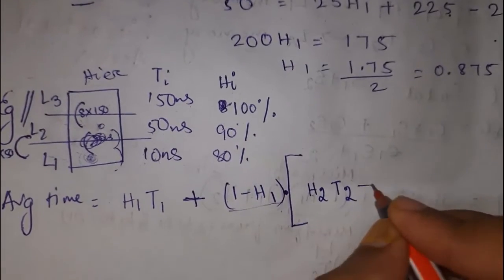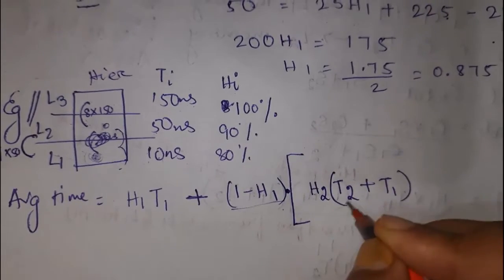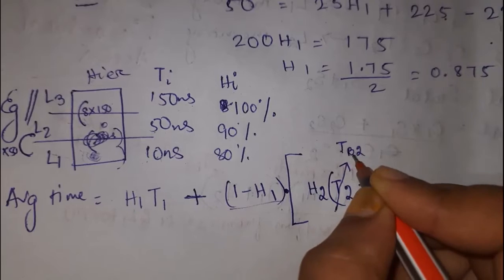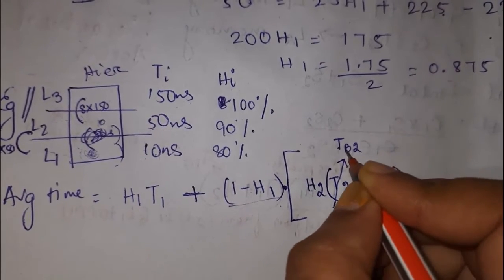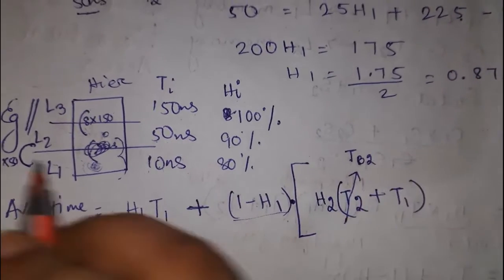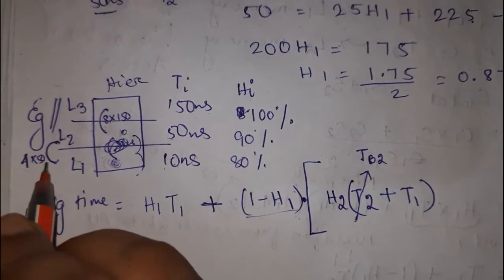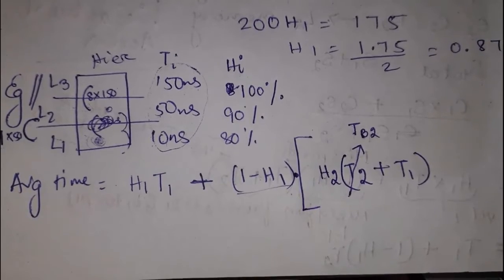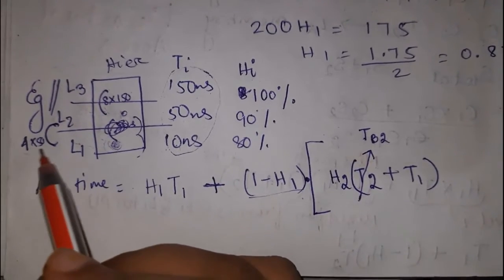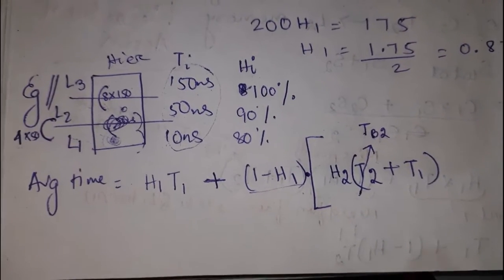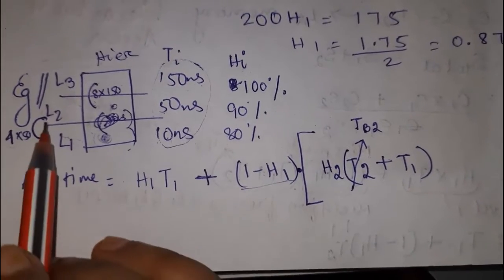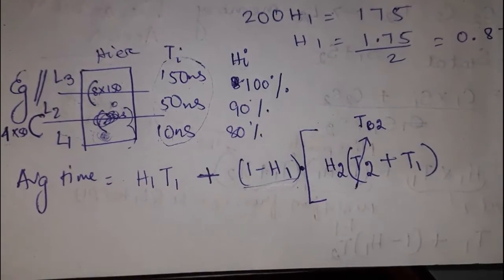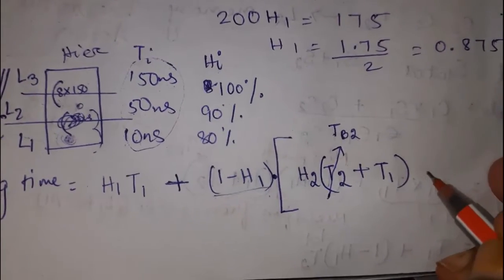So it is plus T1, and this finally becomes TB2, the time taken for the block to transfer from L2, that is 4 into 50, because this is the time required for transferring one word, and in the question it is mentioned that 4 words are being transferred from L2 to L1 if no hit occurs in L1.